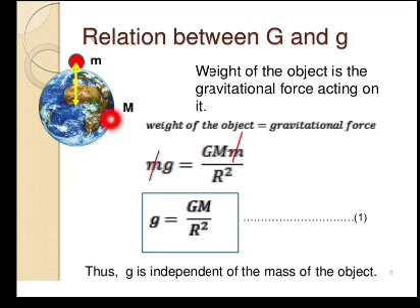This is the Earth having mass capital M, and this is the object of mass small m. From this equation, an object on the Earth of any mass is not related to the gravitational acceleration. That means the gravitational acceleration produced in any object of any mass is the same at that place.